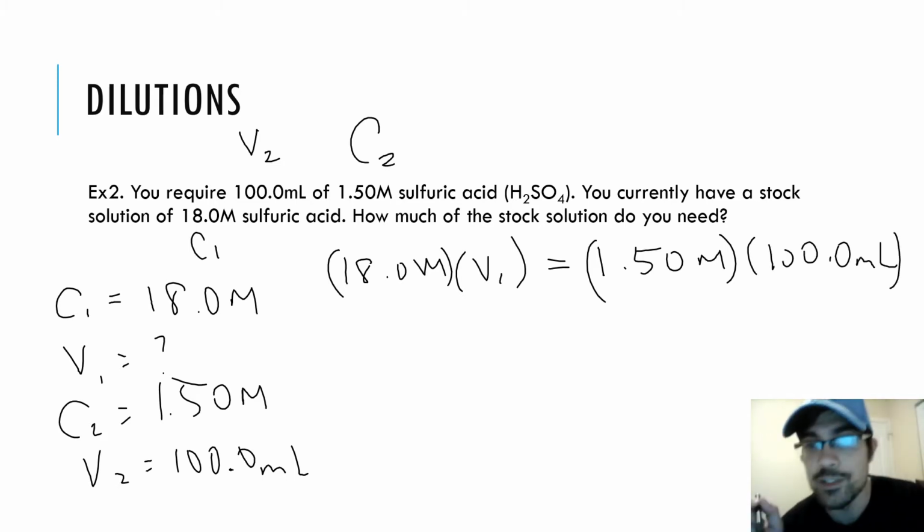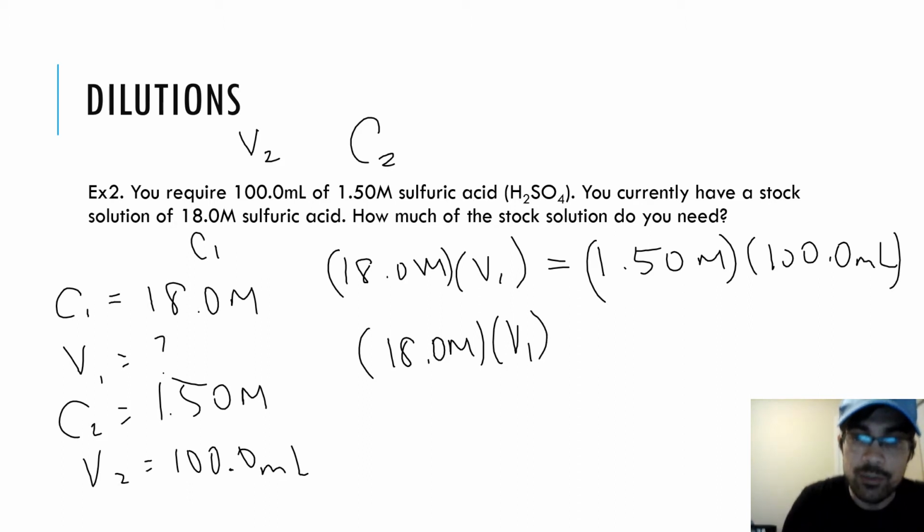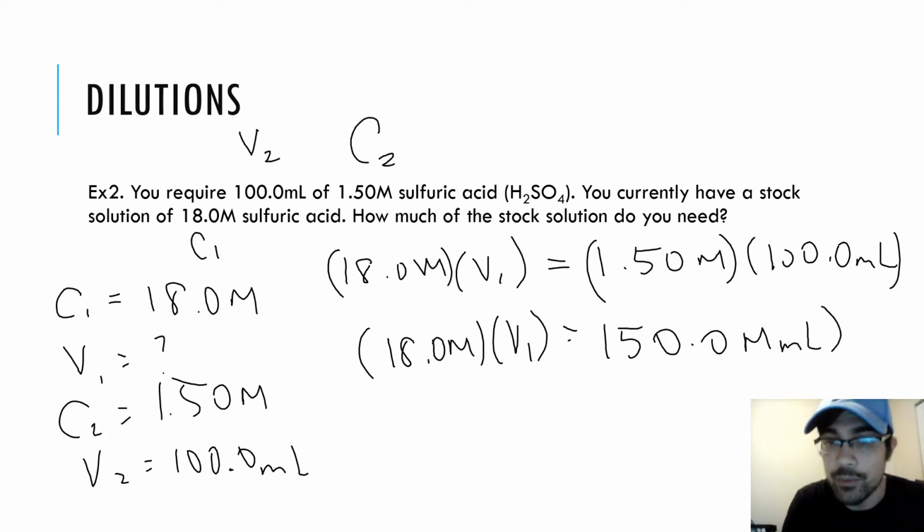Now, whether you want to simplify one side first and then divide or rearrange things first doesn't really matter. I'm just going to show all of the work. I'm going to simplify the right first, as it's new, I don't really want to skip too many steps. Okay, so 1.5 times 100 is 150.0 mL. Units not too crazy important here, they're all going to cancel out at the end. So now we're going to divide by 18.